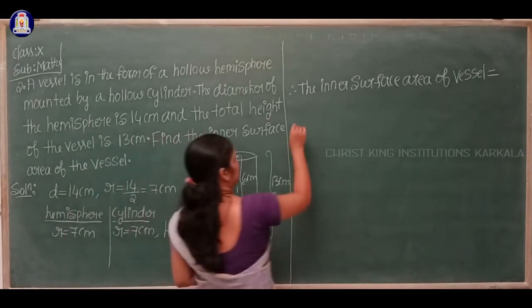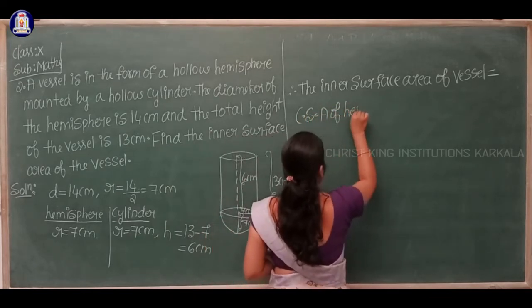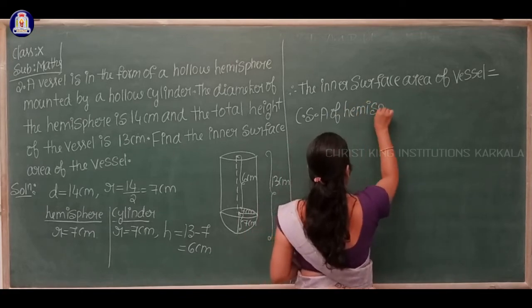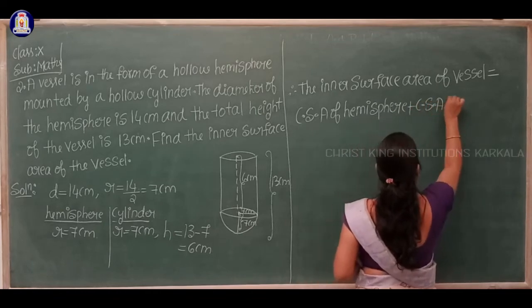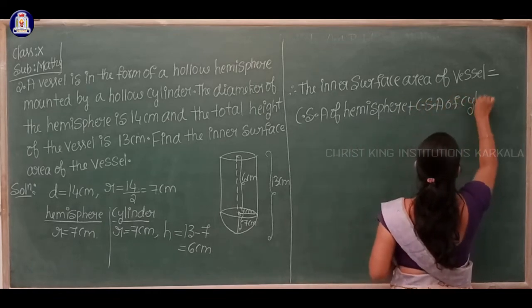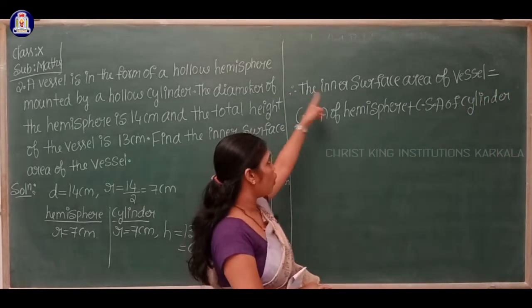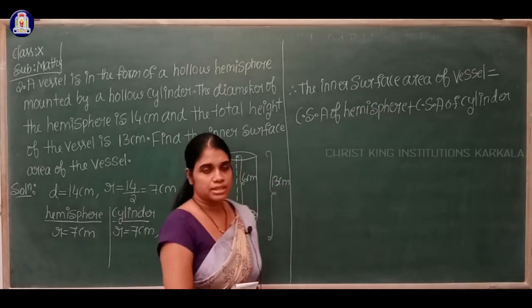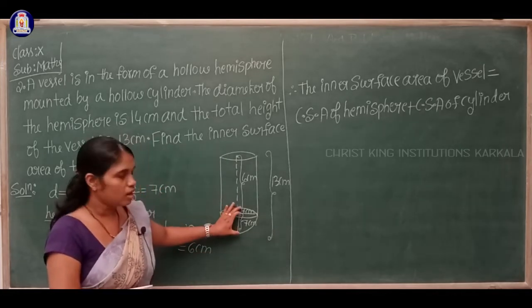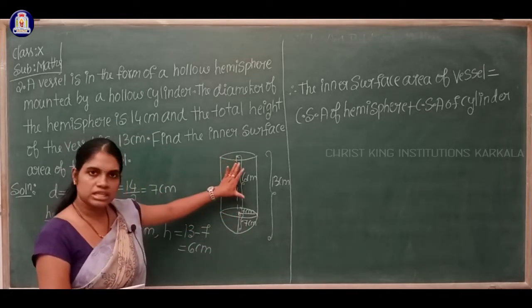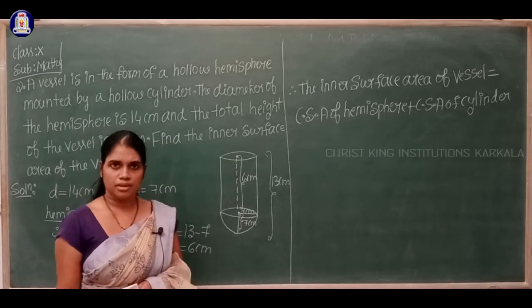So the CSA of the hemisphere plus the CSA of the cylinder will give the total inner surface area of the vessel.